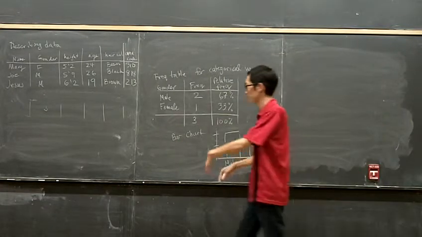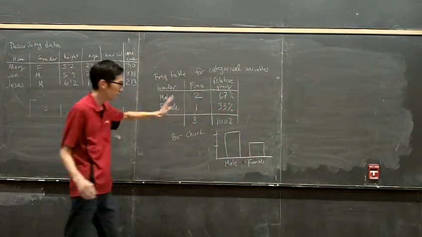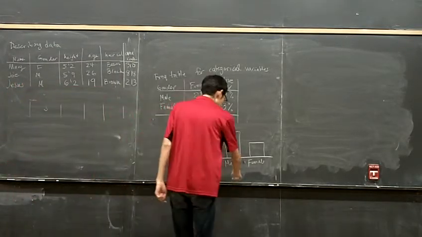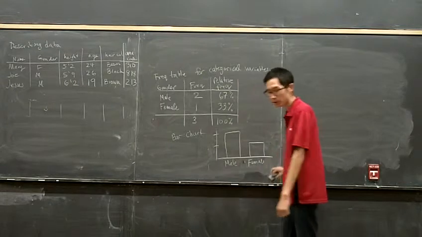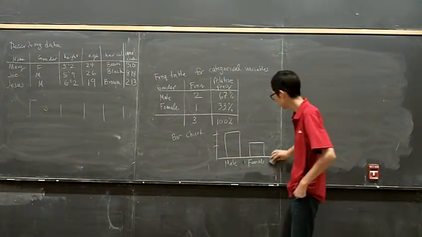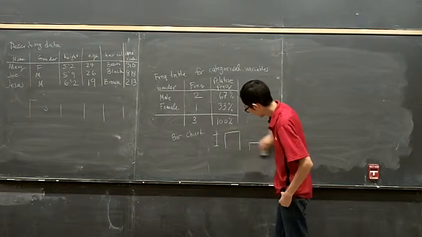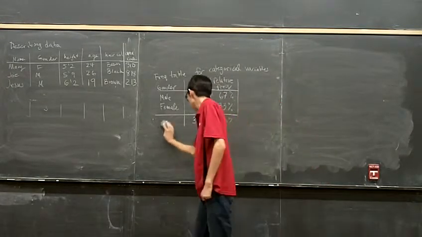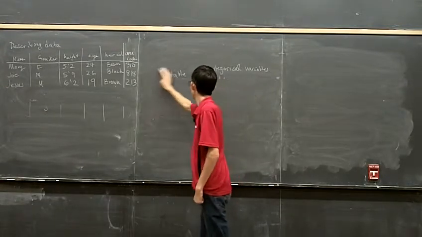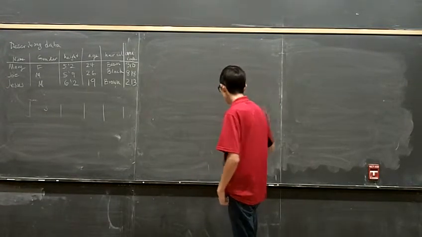And then you would just have a line there. So that is for categorical data. We've got frequency tables and relative frequency tables. Probably of greater interest would be what we do with numeric data.